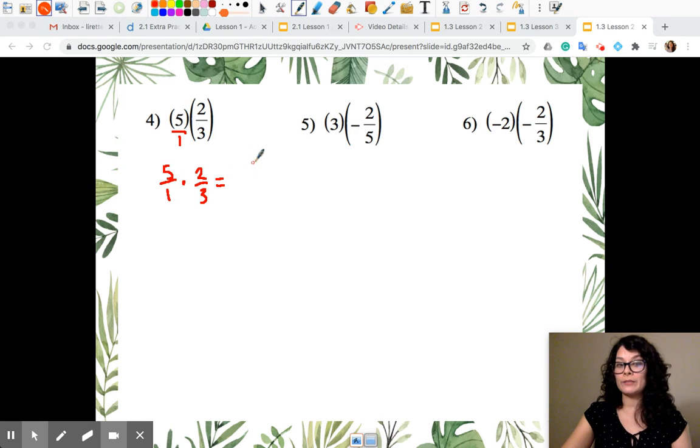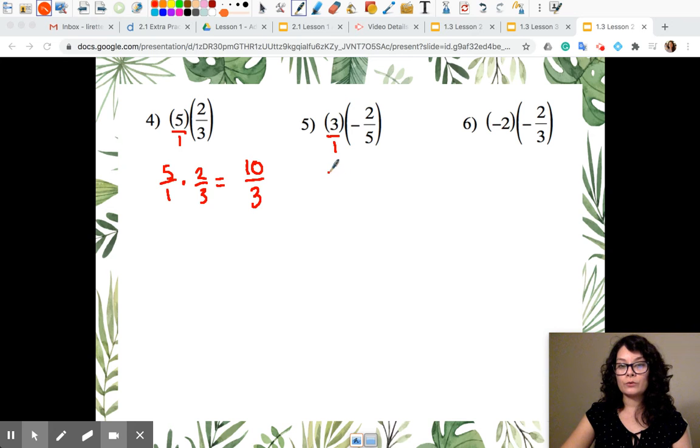It doesn't reduce with anything there, so I can just multiply straight across and my answer should be fully simplified. 5 times 2 gives me 10. 1 times 3 gives me 3. I can leave it like this, or your calculator might actually be giving you a mixed number, and that's totally okay. Either is acceptable.